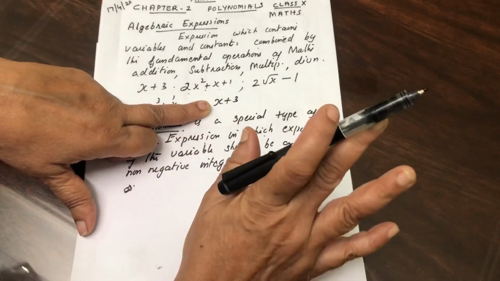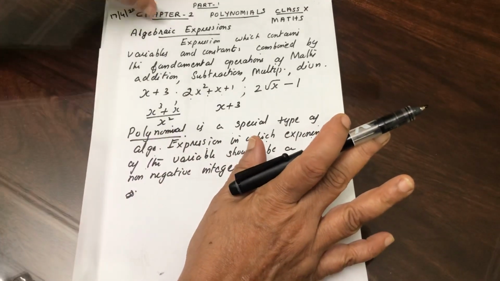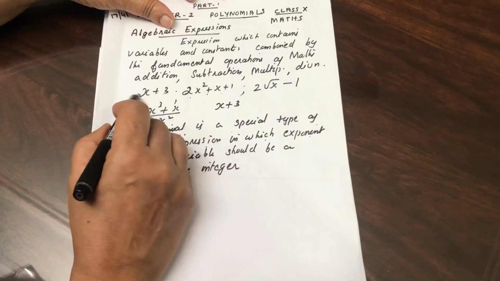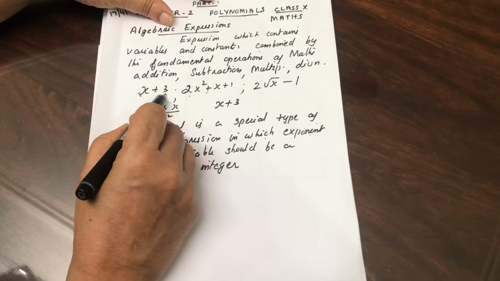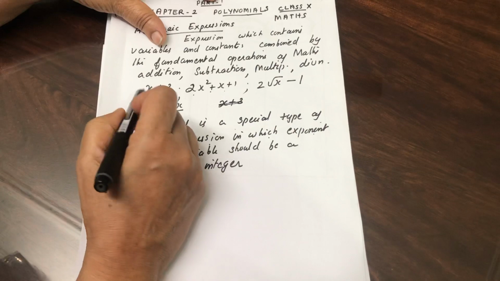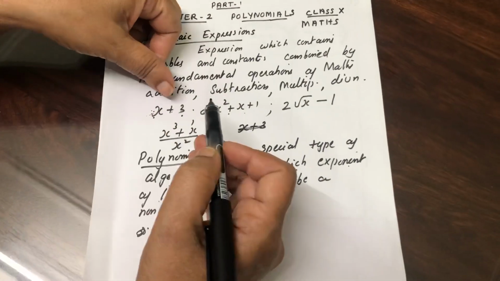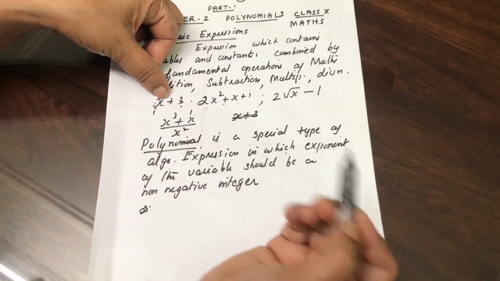Terms are separated only by a plus sign or minus sign. Here the plus is dividing this x plus 3 into two terms. This is one term, this is the second term. You have to see the power of the variable present. So here x, what is the power of x? Power of x is 1 here.